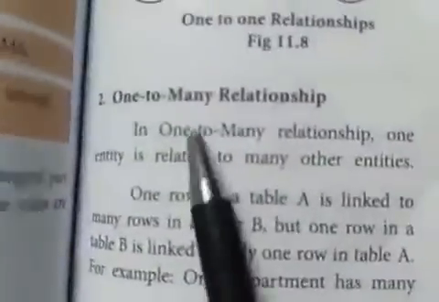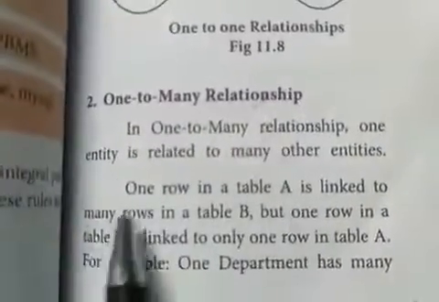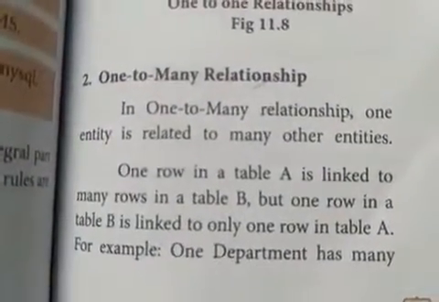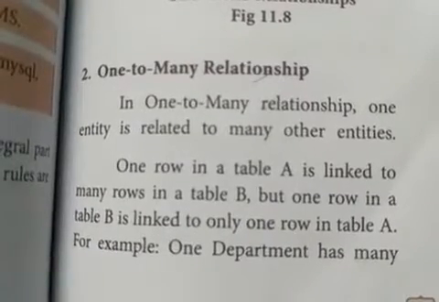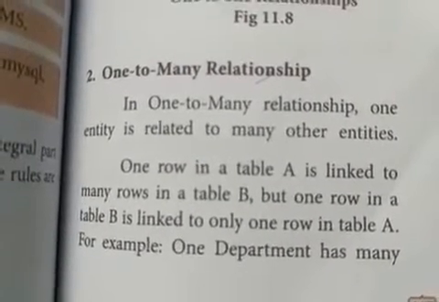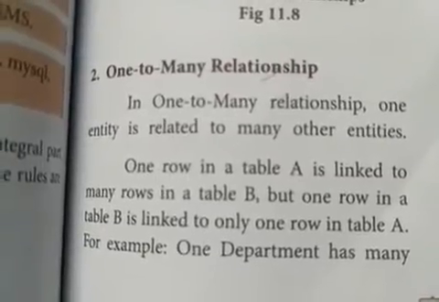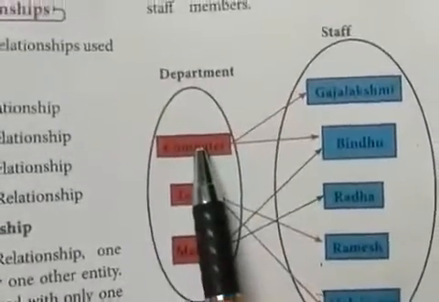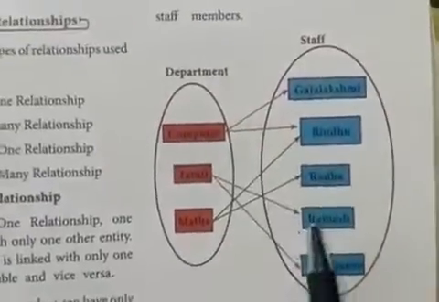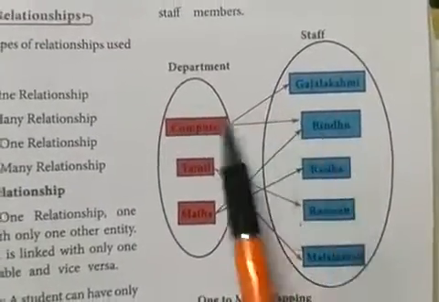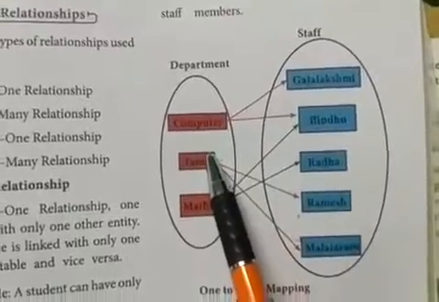the one-to-many relationship. What is a one-to-many relationship? Here a row in table A is linked with many rows in table B, but in table B, each row must be related with only one row in table A. In this example, the computer department has many staff, and these staff are related only to the computer department, not to the Tamil department.